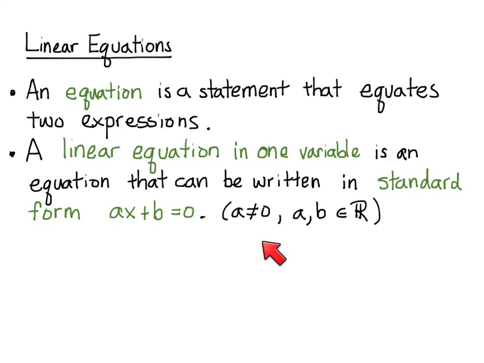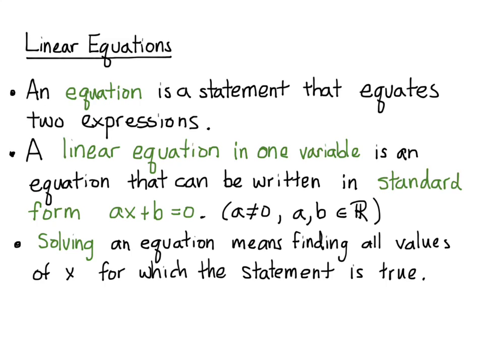You see, if a equaled 0, we would just have b equals 0, and that's no fun. And then we're also going to say that a and b are real numbers. So we're going to be dealing with one variable. It can be x, it can be something else. A and b in this case are numbers, constants. And so anything that we can put into this form is considered a linear equation in one variable.